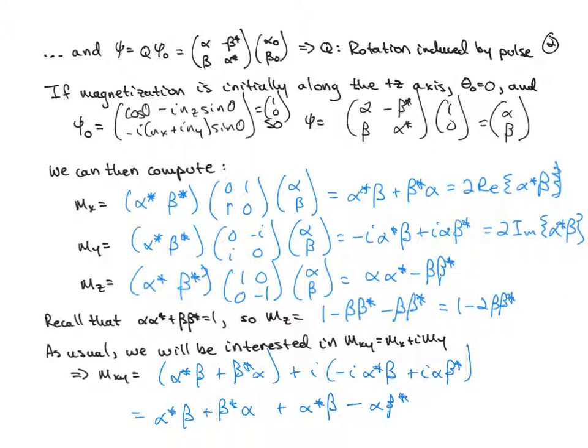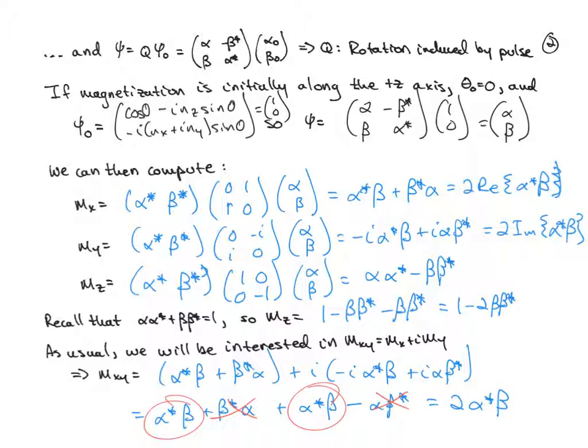And so you can see that we lose this term and this term, which cancel, and the other two add together to give us 2 alpha conjugate beta. So a simple expression then involving the rotation parameters of the pulse for the complex valued magnetization Mxy.